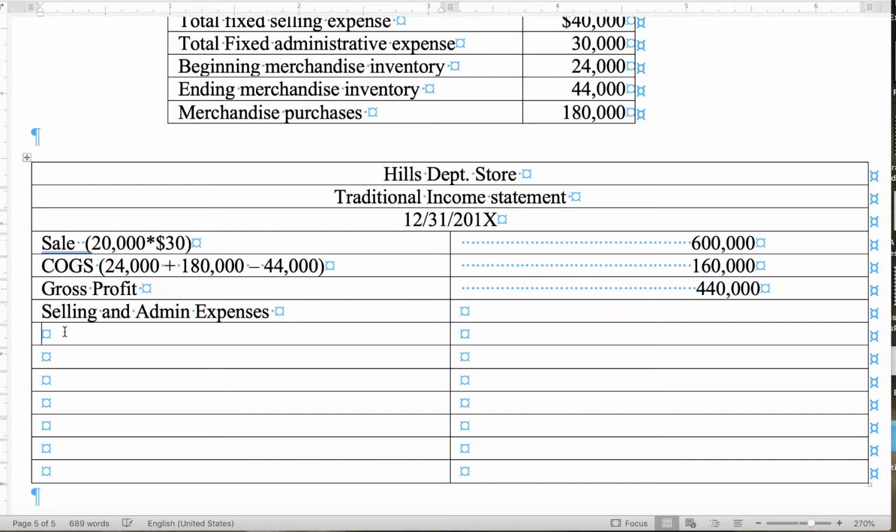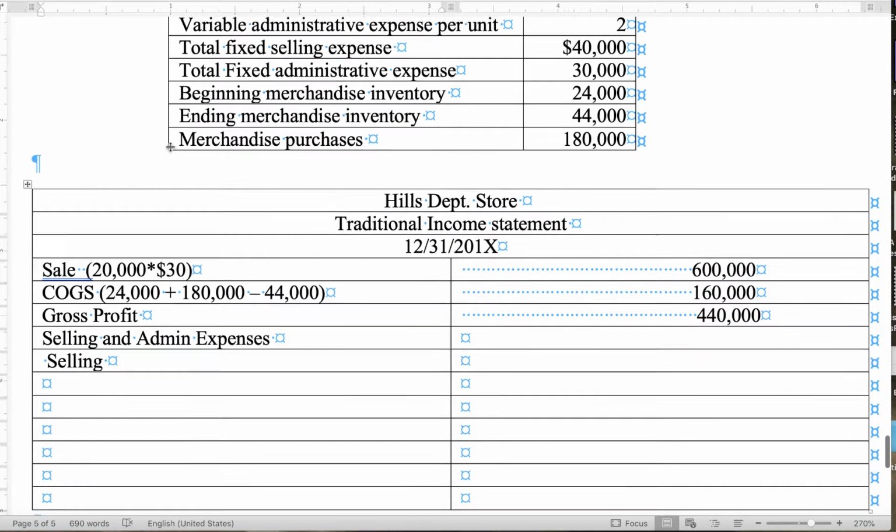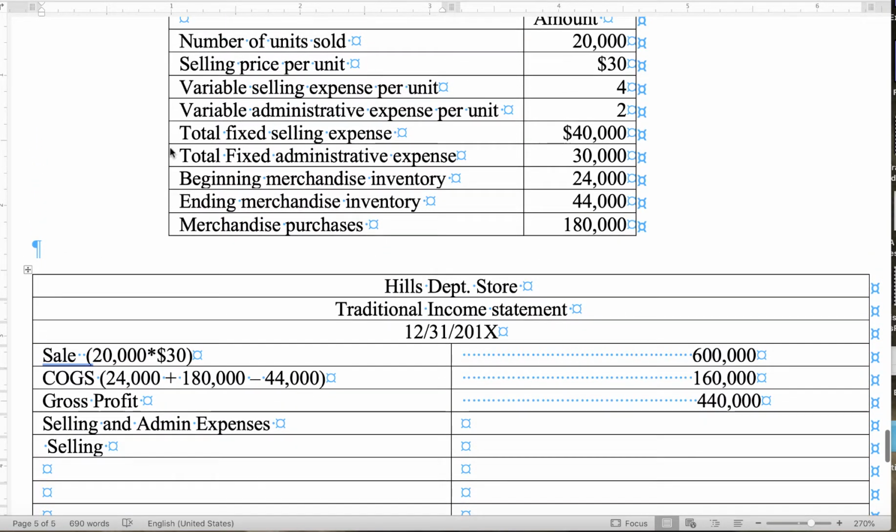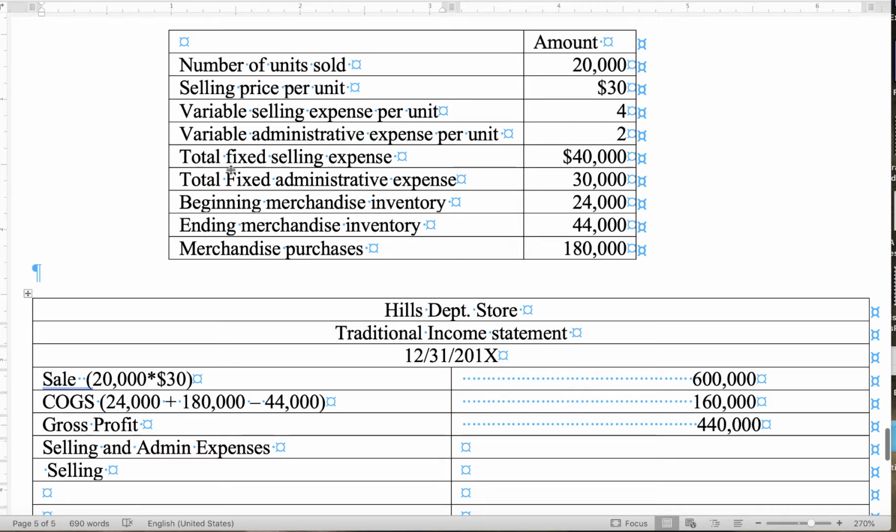Okay. So, what are my selling expenses? Well, that's easy. They tell me that my fixed selling expense is $40,000, right? So I have 40,000. But to that, I need to add the variable portion. What's the variable portion? Well, the variable portion is $4 times 20,000 units.